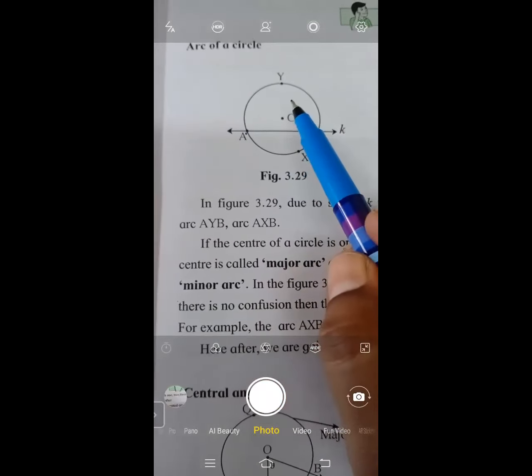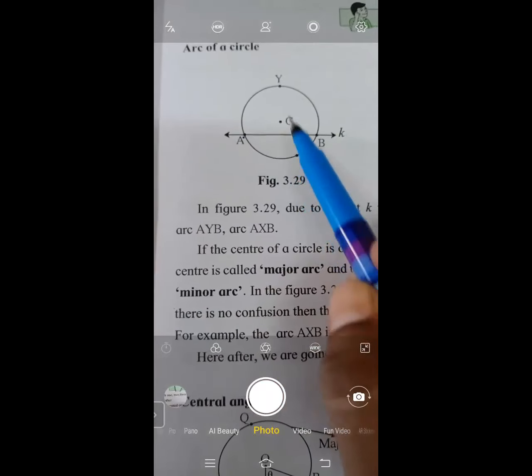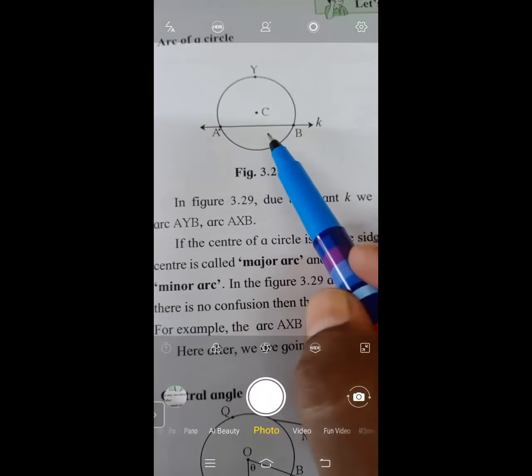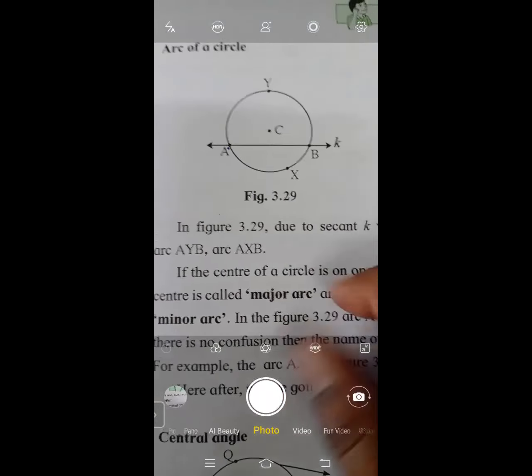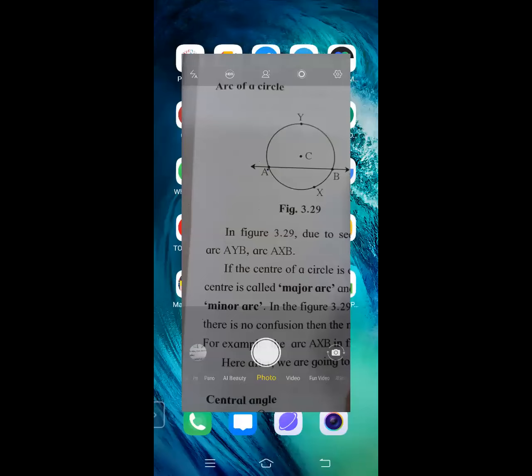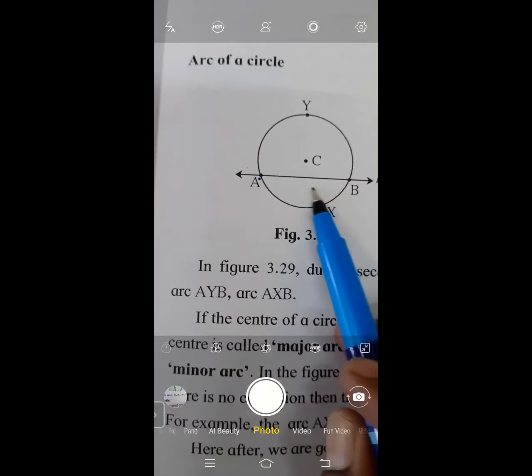It will not always be equal parts. One part can be bigger and the other one smaller. Any one of these two parts, with the common points of the circle and the secant, constitutes an arc.